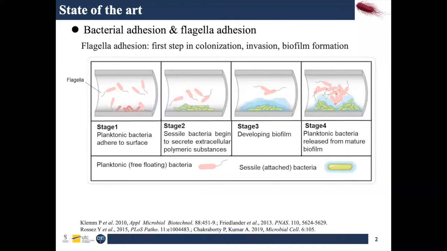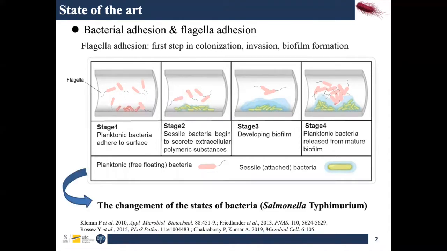And for bacterial mechanism, it's also a change of different stage bacteria, from free floating bacteria to sessile stage bacteria. So for my project, the goal is to identify the changes of different states of bacteria.